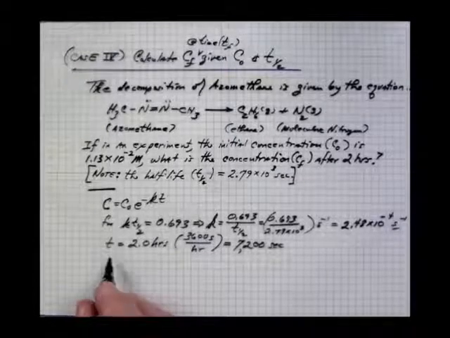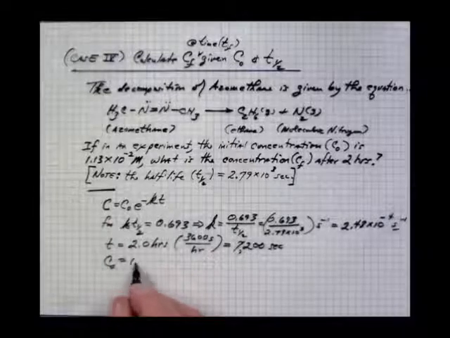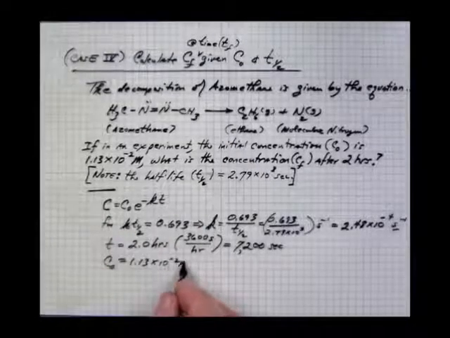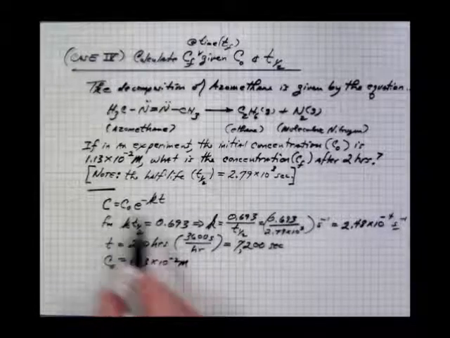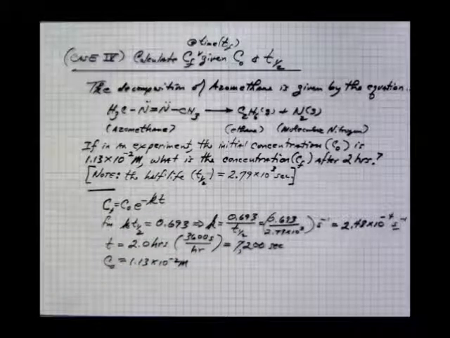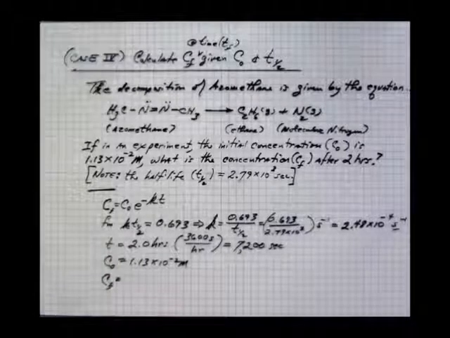Now we're given the initial concentration to equal 1.13 times 10 to the minus 2 mole per liter. So now we substitute into the decay equation, and we can calculate C final.